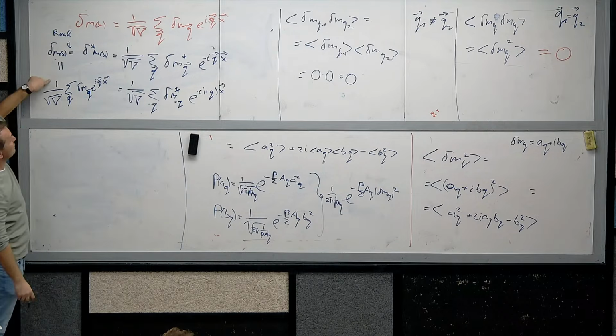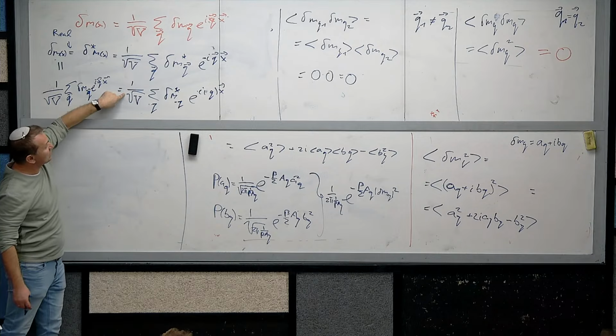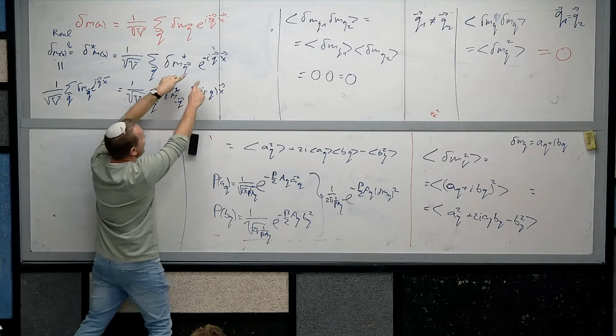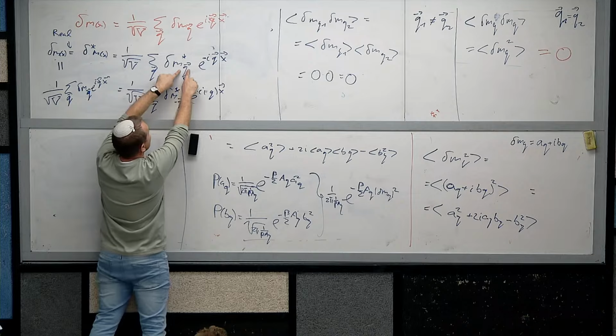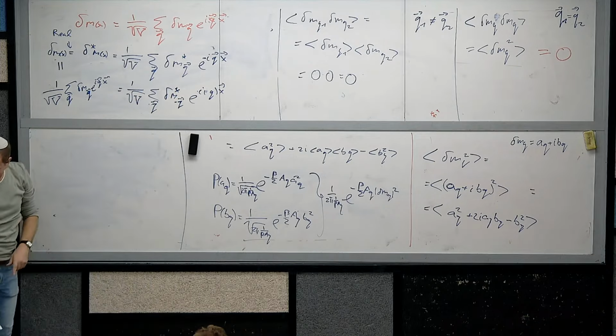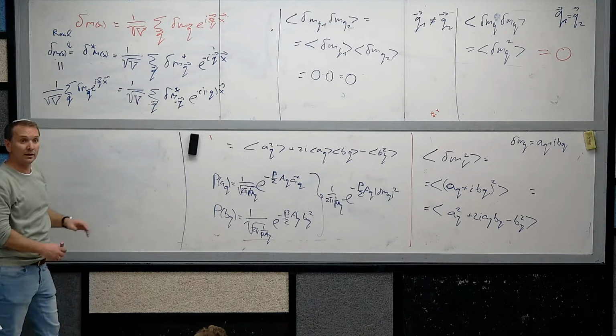Delta m x equals that. Delta m complex conjugate equals this guy. Now I switched what is q and what is minus q. I called minus q my running vector, and then I have to put over here minus q. That's it. So we have this guy equals that guy.